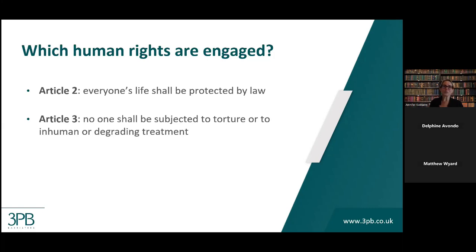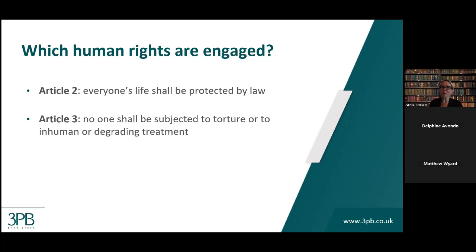Article 3 is an absolute right: that no one shall be subjected to torture or to inhuman or degrading treatment. And that has been interpreted as including serious physical violence or psychological abuse, humiliation of an individual that arouses fear or demonstrates a lack of respect for their human dignity.